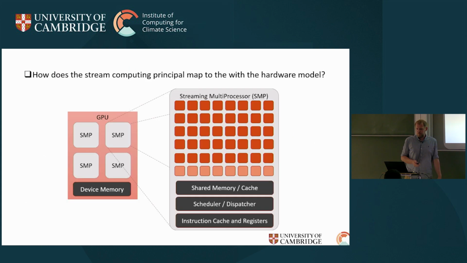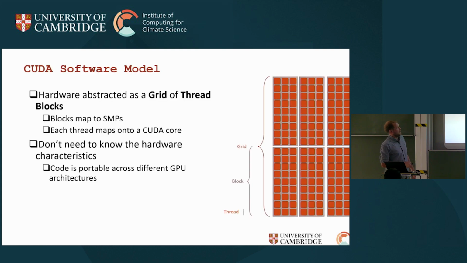Yeah. So remember this diagram from 15, 20 minutes ago? How do we take this idea of stream computing, of single program, multiple data, and apply it to this weird hierarchy of things? Well, a nice way to do it is to use another hierarchy as well. When we execute our code on the device, like a kernel or a program, as I said, the same program is going to apply to different pieces of data.